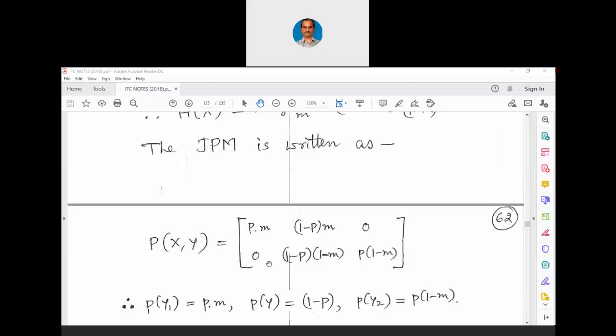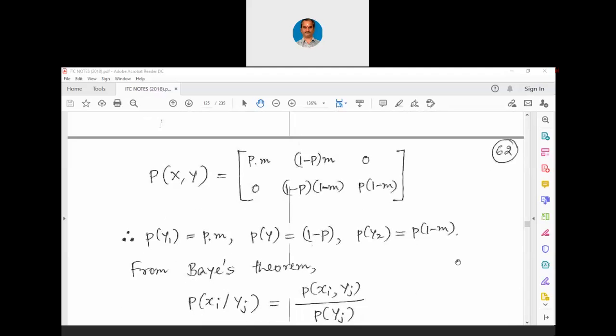So, this is p times m plus 0, this is 0 plus p times (1 minus m), (1 minus p) times m plus (1 minus p) times (1 minus m). So, that way we get P(y) equals 1 minus p itself. Now, from the Bayes theorem, we know that P(xi|yj) equals P(xi,yj) divided by P(yj). This P(xi,yj) is nothing but P(yj|xi) times P(xi).